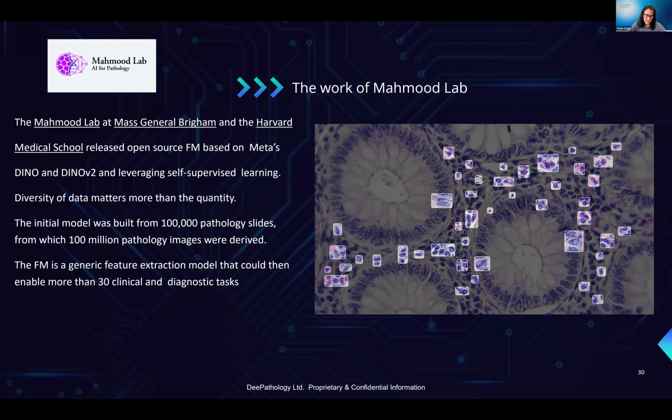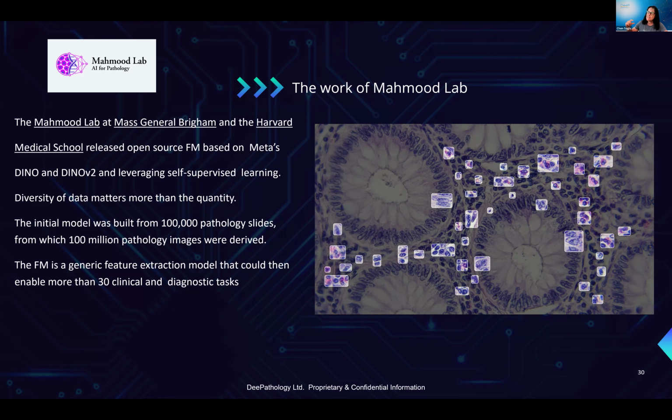Now, they had the opportunity to have access to 100,000 pathology slides, and generate more than 100 million pathology patches from them.